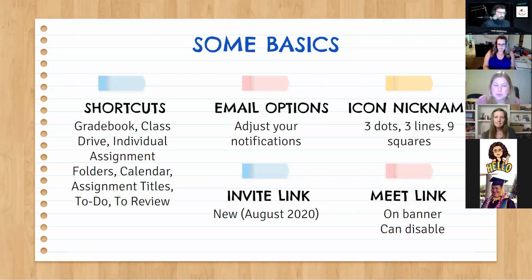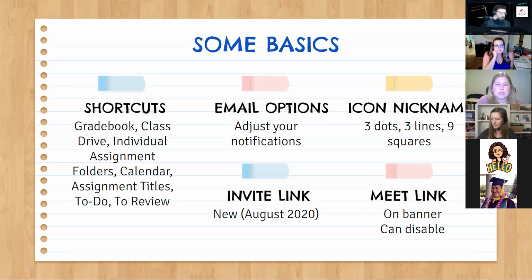Click on the assignment titles to go directly to them from the upcoming work. And then there's now shortcuts for the to-do and to-review lists that did not previously exist. So if you noticed a slight change in August, that's because August 11th, they announced some updates, and it always takes Google a couple weeks to roll those out to all the users.